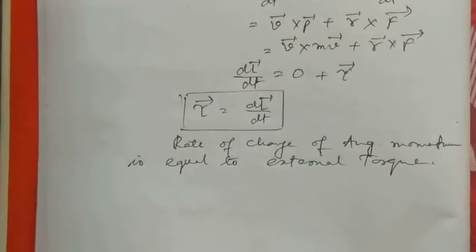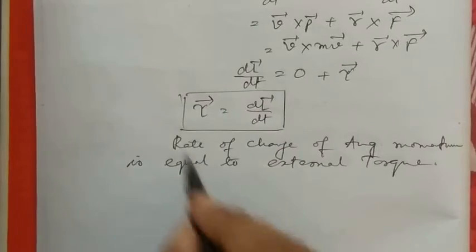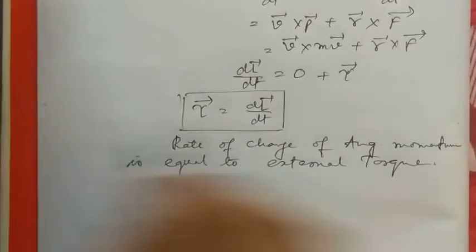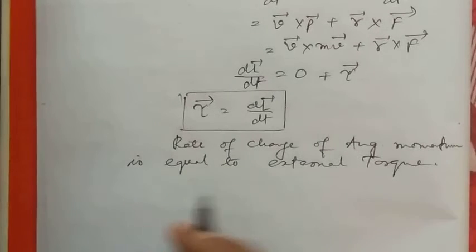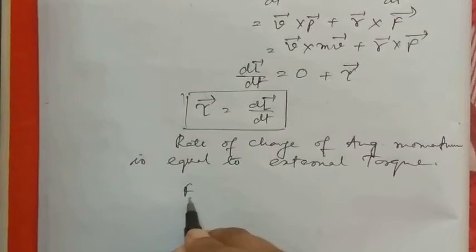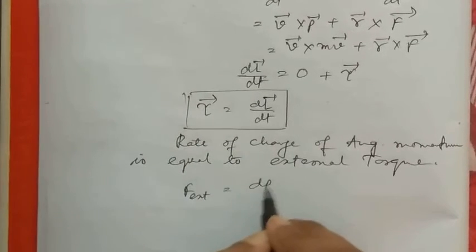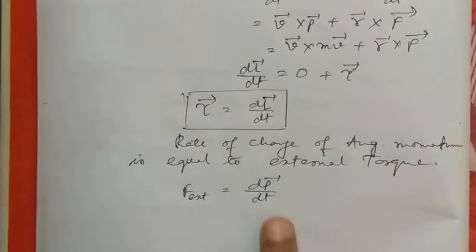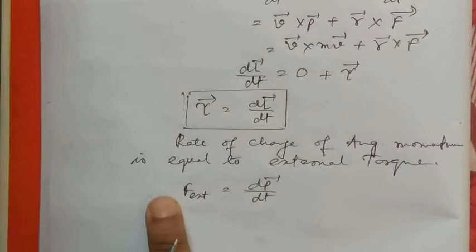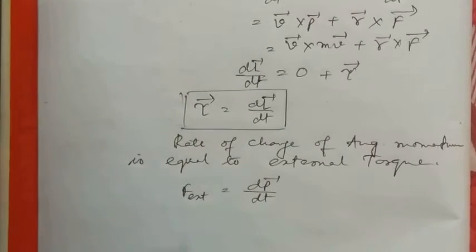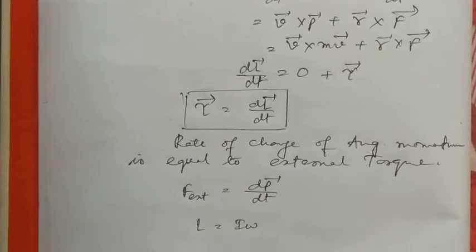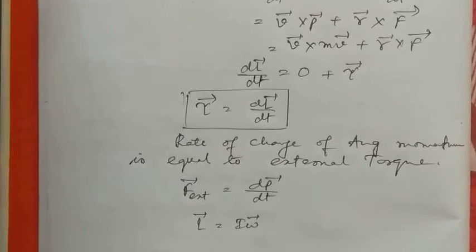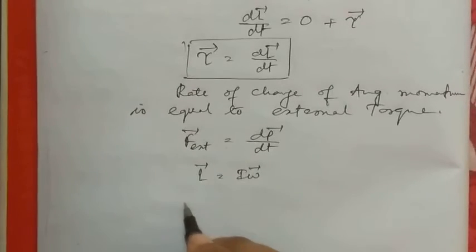So from the linear system, this is the statement of Newton's second law for the rotational case. If external force is equal to dp by dt, the rate of change of linear momentum is equal to the applied force. Now L is equal to I omega, if you write it vectorially. What is tau external?